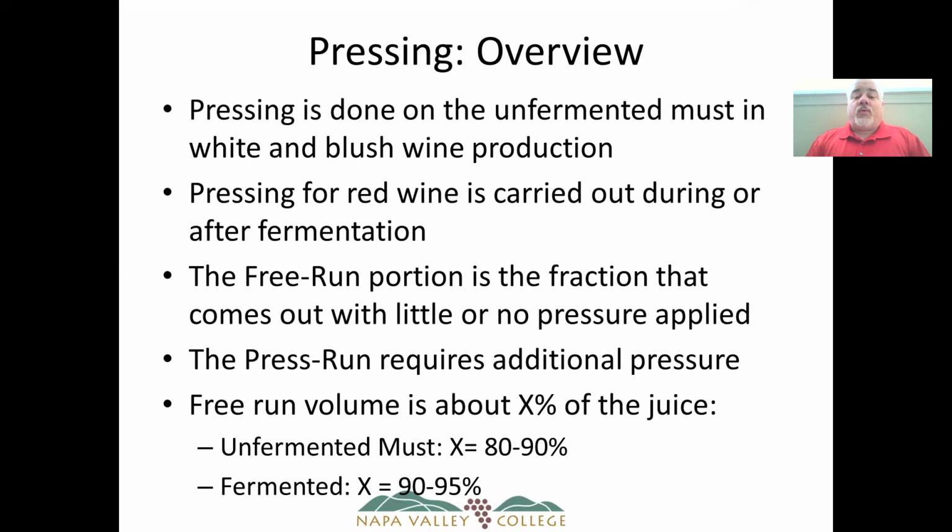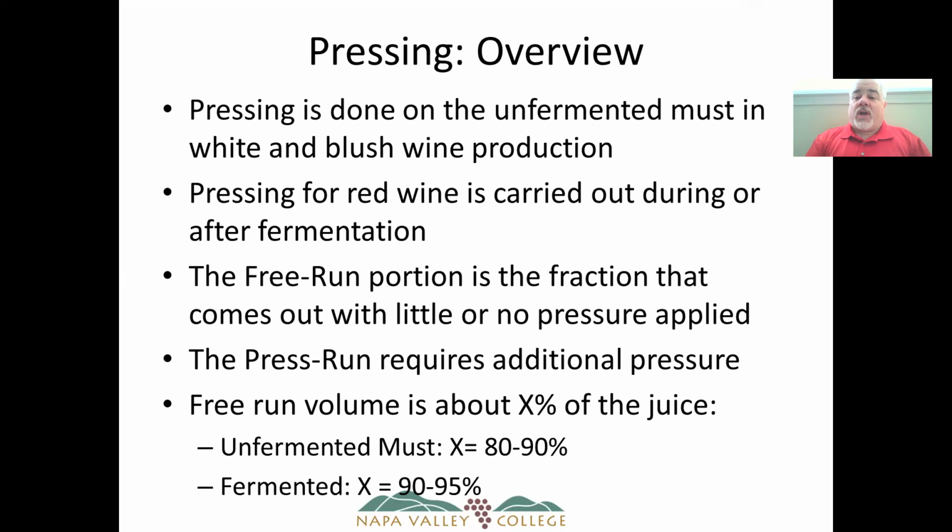The press run requires additional pressure, and you've got to have some sort of device, a bladder or a basket press or some other thing pushing down on the must, on the skins, on the pulp, on the seeds, squeezing out like a sponge any juice that's remaining mixed in with the skins, pulp, and seeds.